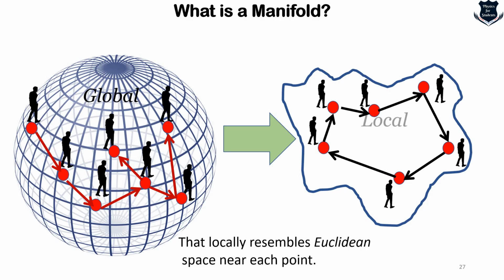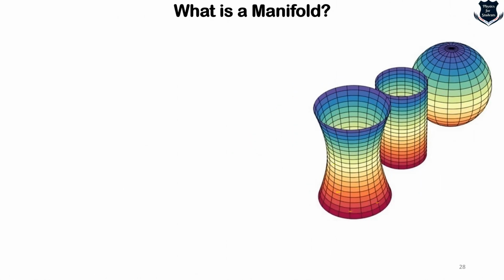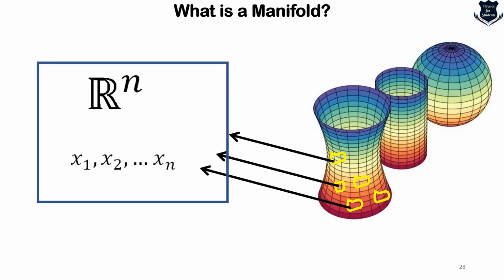So this part is global, where we are watching right above the earth, and this is local, so it resembles flatness. You can see these yellow boxes. I can extrapolate these and say that these are all x1, x2, and it goes up to Rn, meaning up to real number n, and these are more or less isomorphic to each other.